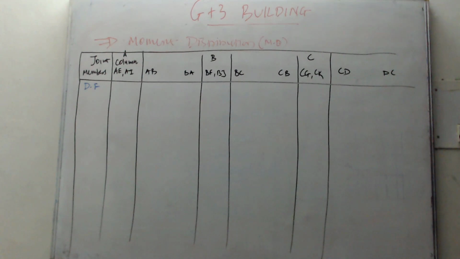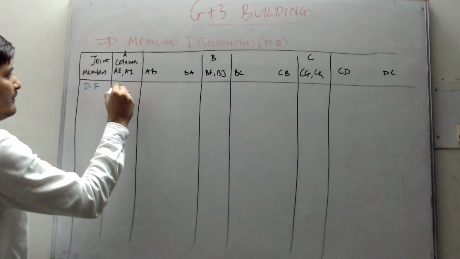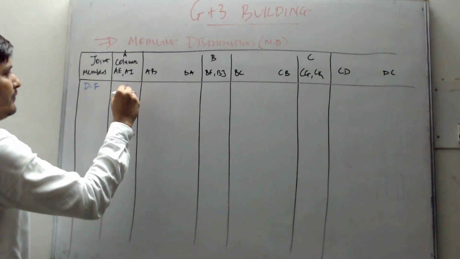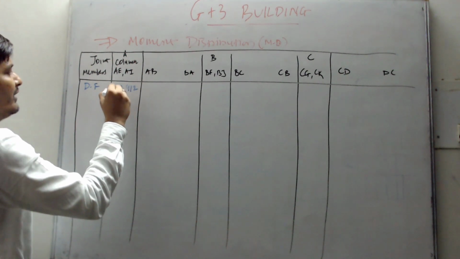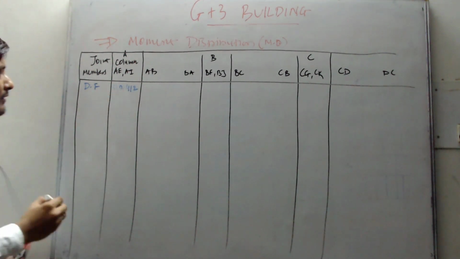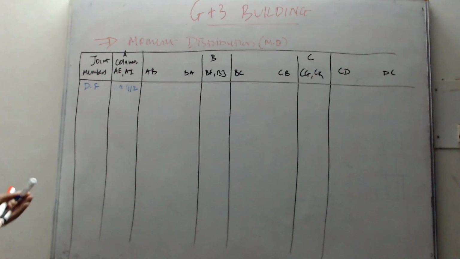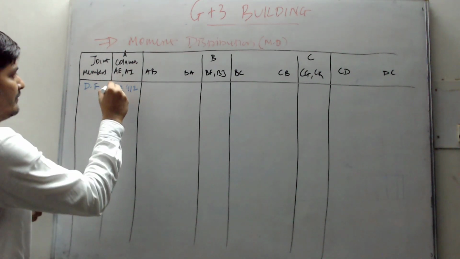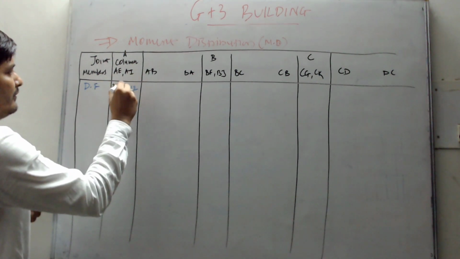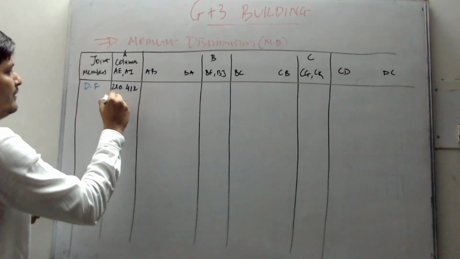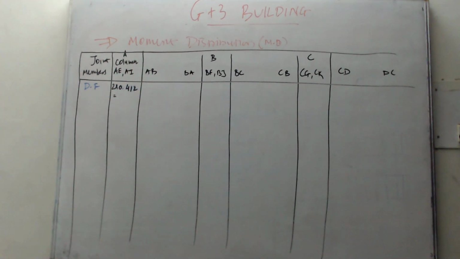If you see your distribution factor table, the value is 0.412, and you multiply this value by 2 because there are two members. So this distribution factor will get doubled, so 0.824.